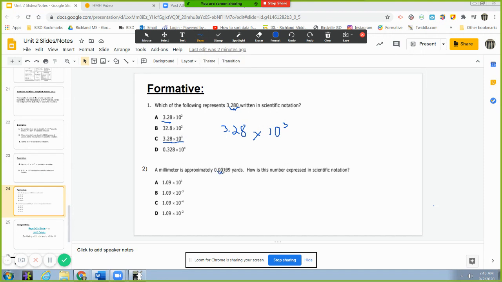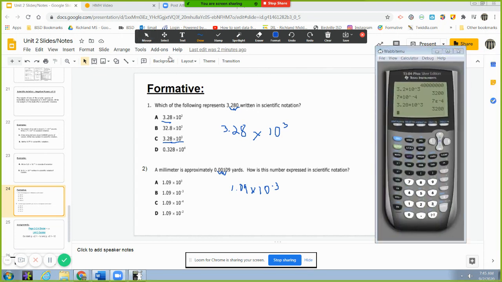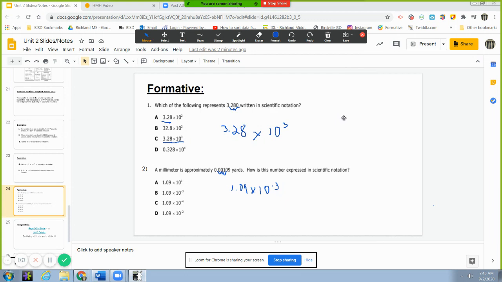And we're going to move back 1, 2, 3, as 1.09 is between 1 and 10, times 10 to the negative third power, because we went back 3 spaces. 1, 2, 3, 3 digits. And we can check 1.09 times 10 to the negative third. And there's our number. That's it on scientific notation, guys.